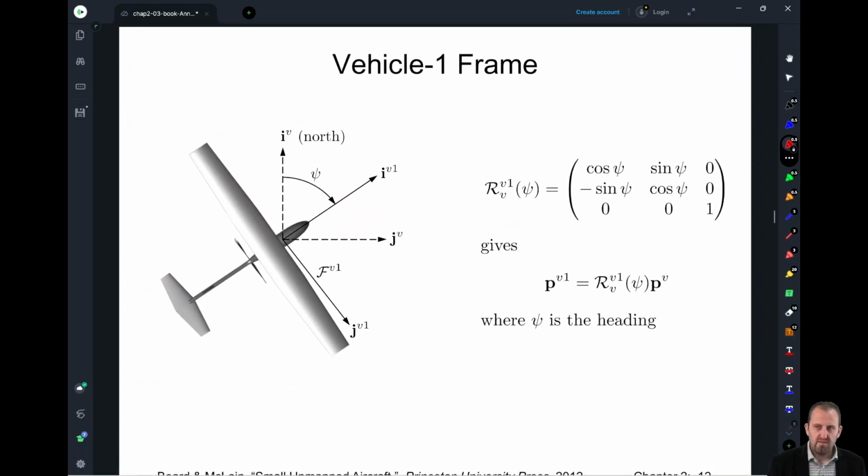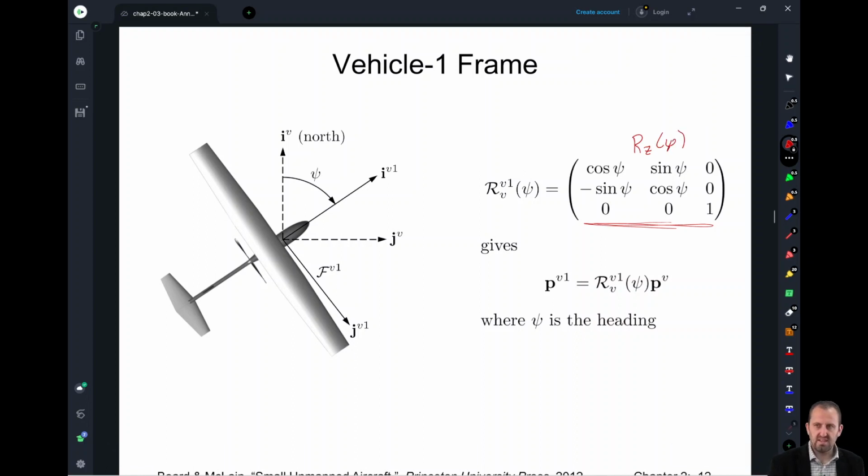So for the vehicle 1 reference frame, the only thing we've done is take our system and rotate it with a z-axis rotation. Remember, z in our vehicle frame is pointed towards the center of the Earth, or pointed down. So we're going to take a rotation about the z-axis. This is R sub z, and we're going to rotate by psi.